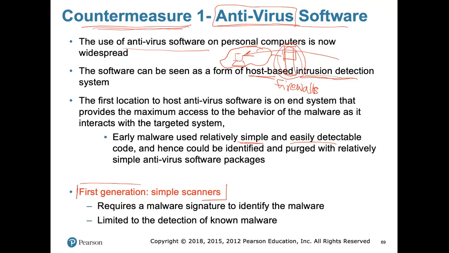In the first generation, they are working based on the signature. They develop a database, a kind of dictionary of the signatures for different malwares, for the known malwares, and they just scan or search the files that you have in your computer and try to find those signatures.